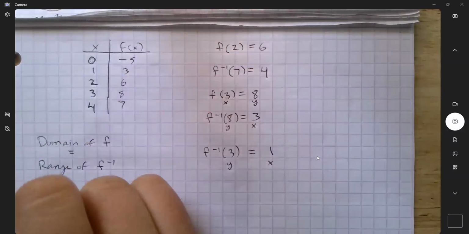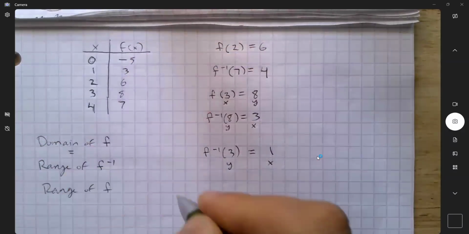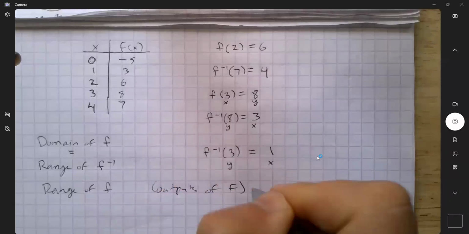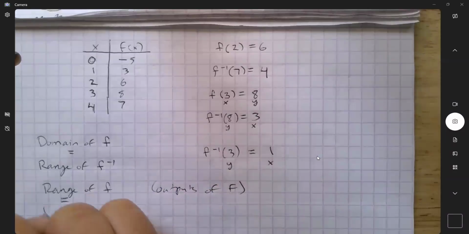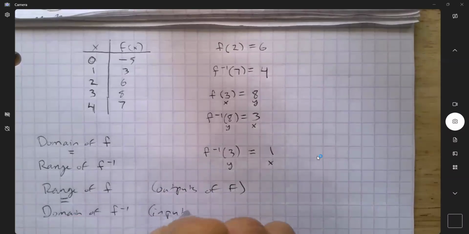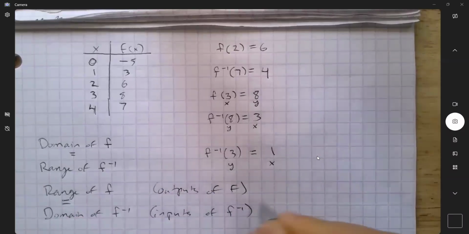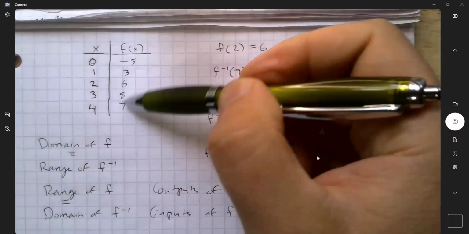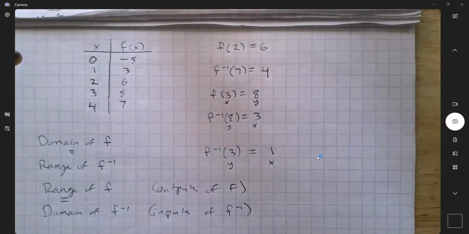And the range of f, the outputs of f, is the domain of f inverse, the inputs of f inverse. The y values are the outputs of my function, but they're the inputs of my inverse function.